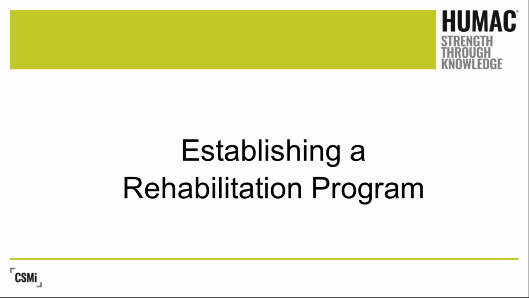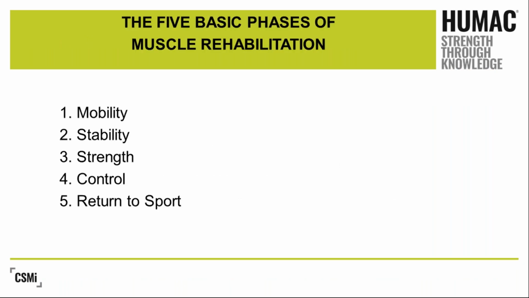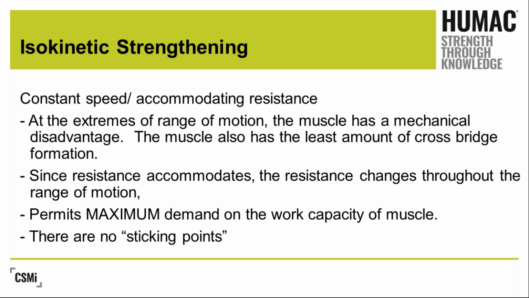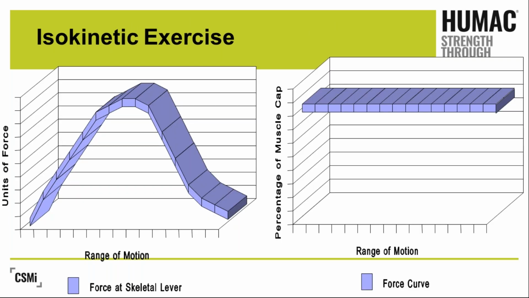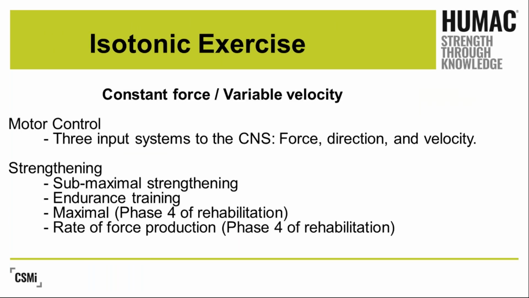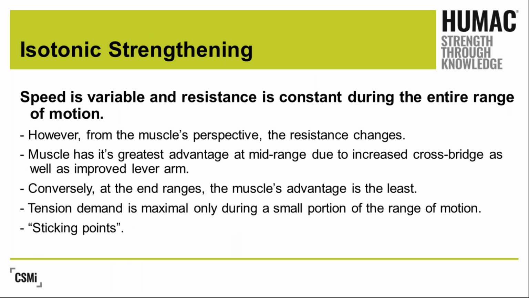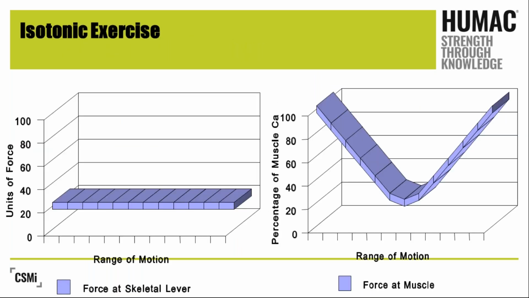So in closing, really what we're going to be talking about is establishing a rehabilitation program in the future. Basically 5 phases, looking at mobility, stability, strength, and control, and then our return to sports. And what modes of exercise and training that we do in each one of these. And again, we're going to look at isokinetic exercise, how it differs from isotonic exercise, because it is significantly different. But isotonic exercise has some important considerations for us to look at also.